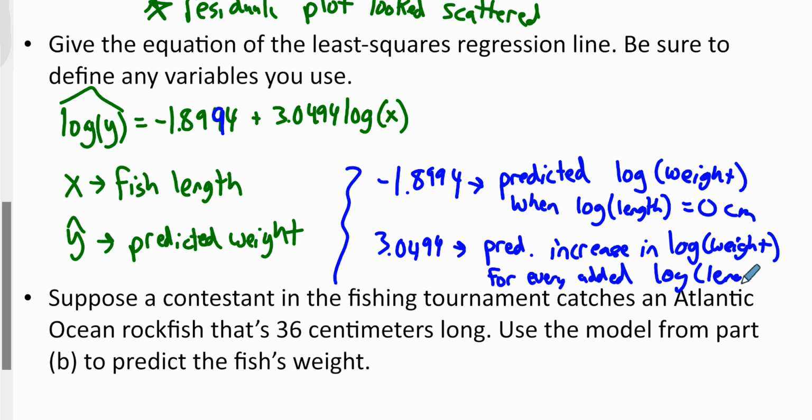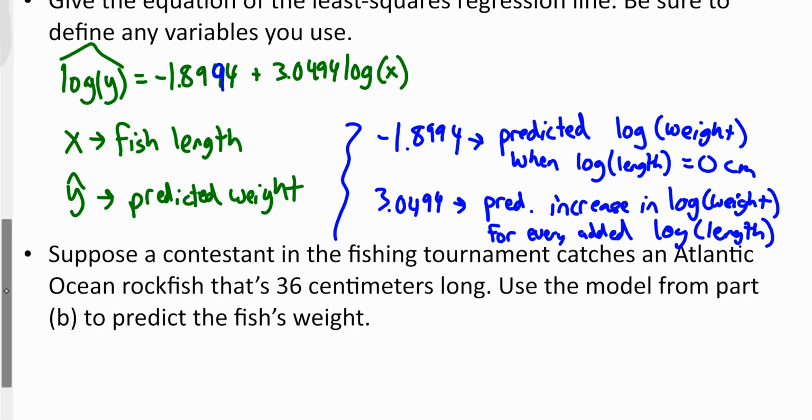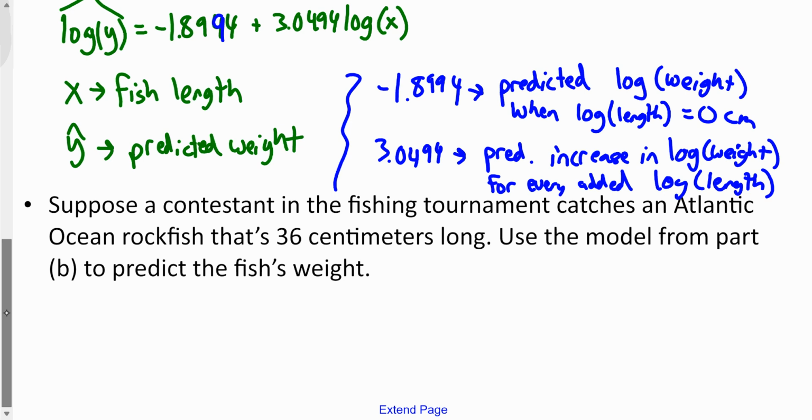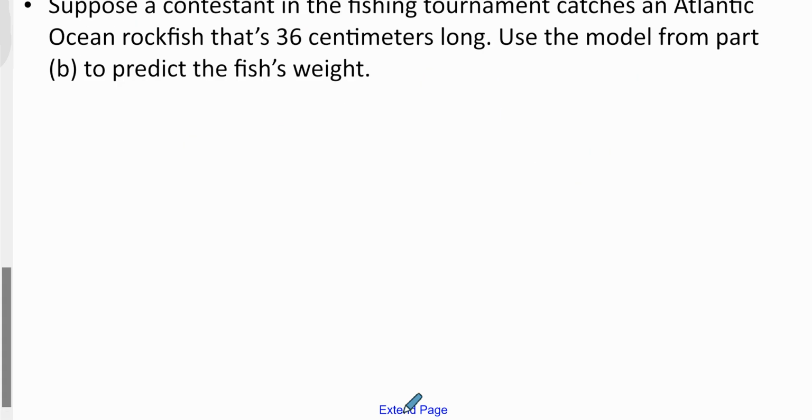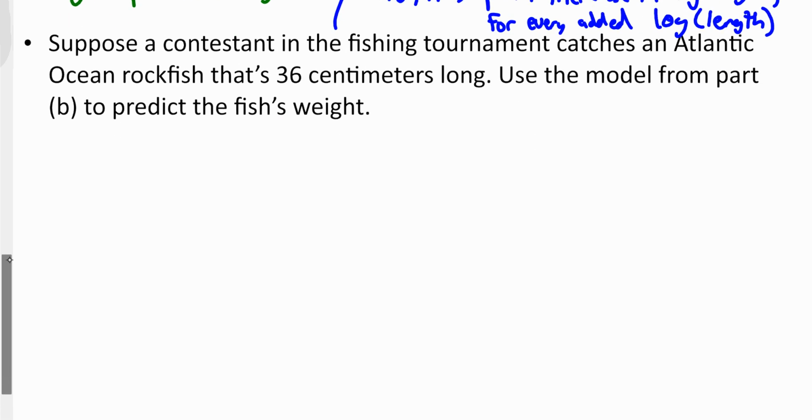Now we can use this model then to predict. Again, we use that 36 centimeters long. Hopefully it's in the same ballpark as our last ones, but maybe a little bit more accurate. We'll see. It says, suppose the contestant in the fishing tournament catches an electric rockfish that's 36 centimeters long.